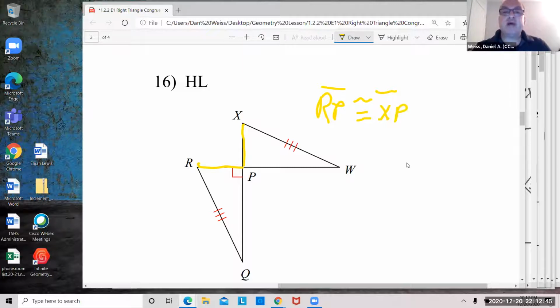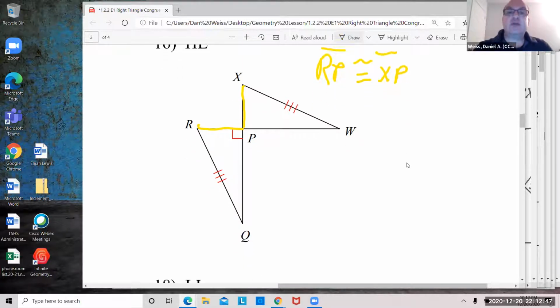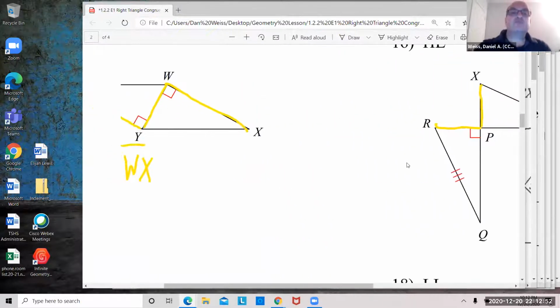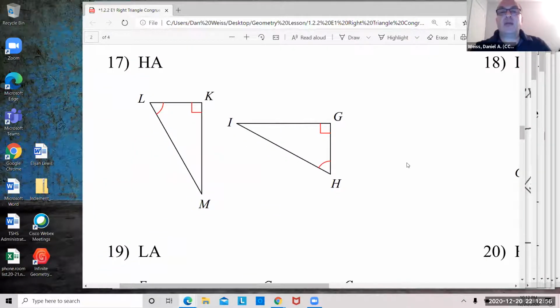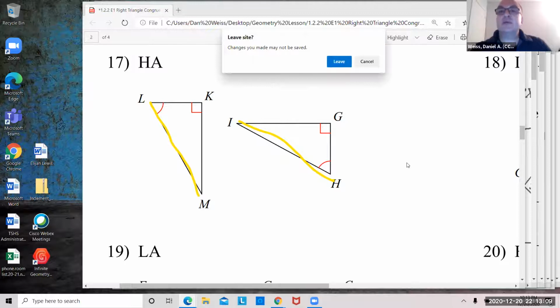I could also have WP equal to QP. That would work also. Okay. How do I make HA? I would need LM congruent to IH, right? That is how right triangle congruence works.